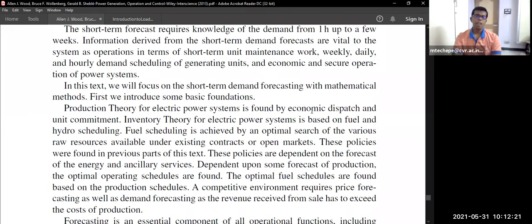Hydro scheduling is also based on the amount of water in the dam. Based on the amount of water in the dam, they may predict that there are this many TMCs of water. With this dam, if we utilize 8 hours or 6 hours daily, we can generate power for like 100 days.